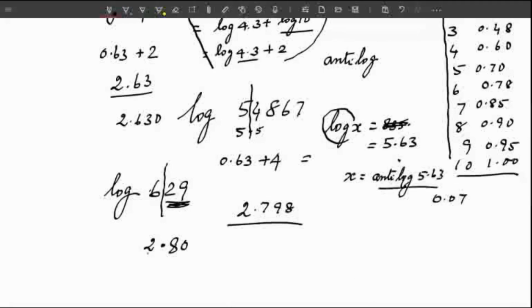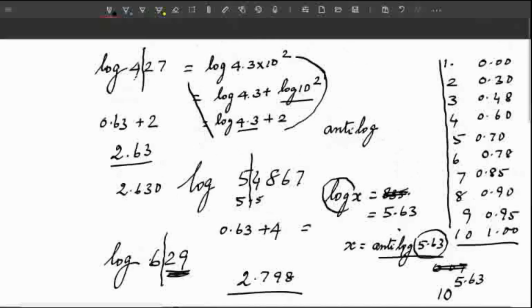Here, this x value is represented in terms of two methods. Since the calculator is not available, the answer may be anti-log. In the place of anti-log, it is 10 power 5.63. This is one way of getting the anti-log.